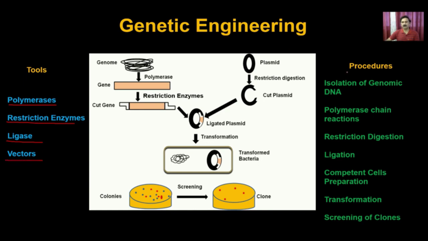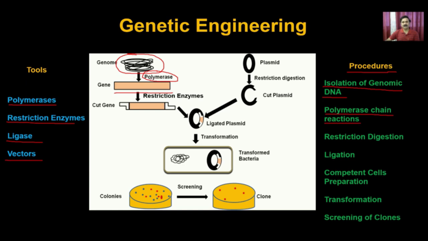Whereas in the case of procedures, if you want to generate genetically modified organisms, first you have to isolate the genome of the particular organism. So the first procedure you have to learn is the isolation of genomic DNA, and then with the help of the polymerase enzyme you can isolate the gene, simply by going with the polymerase chain reaction.